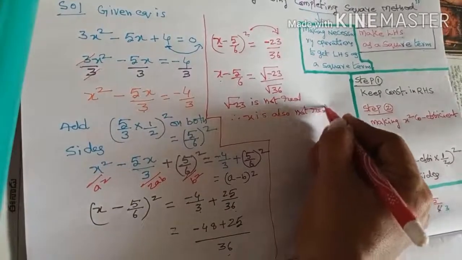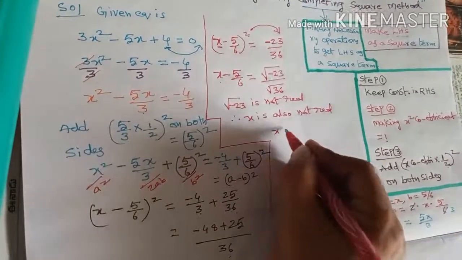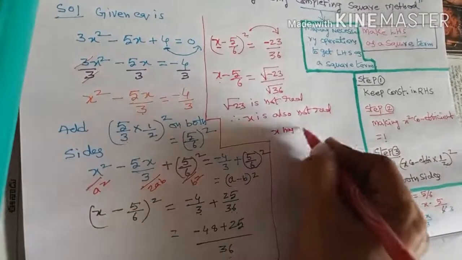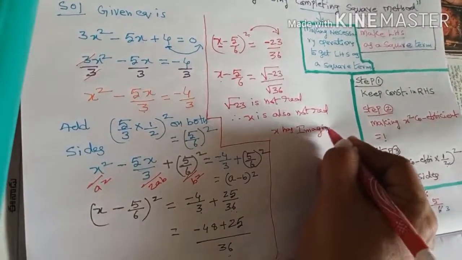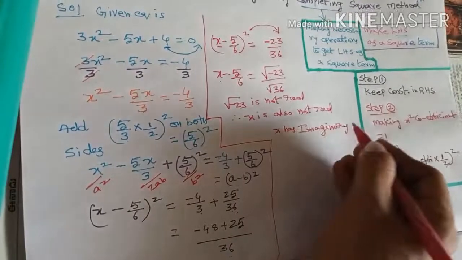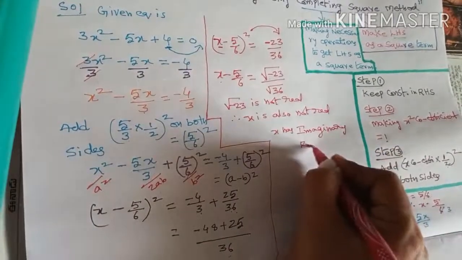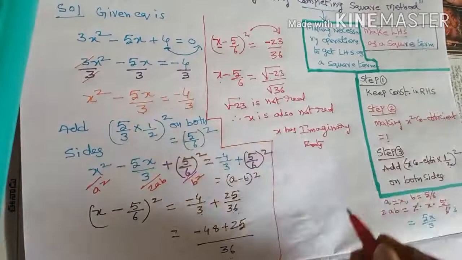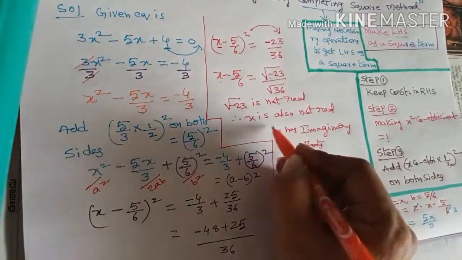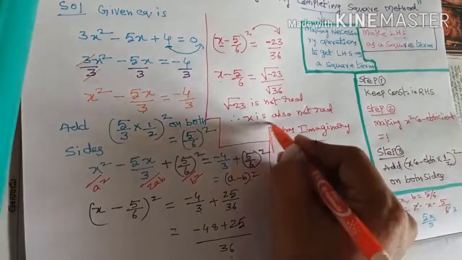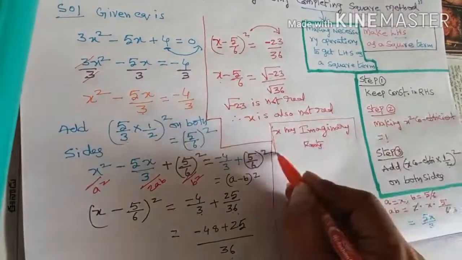That means x has imaginary roots. Not real means imaginary. There is no need to find those imaginary roots. You have to conclude at last: x has imaginary roots.